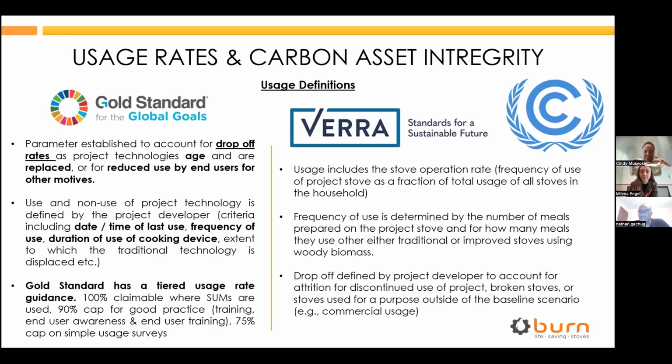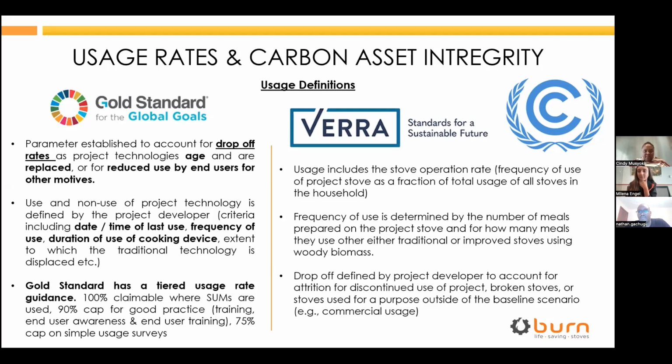And here there's a specific emphasis on continued use of project stoves, displacement activities that promote the displacement of baseline stoves, and then, of course, real-time verification of what you're reporting as your usage rates, with verifiable evidence that VVBs or indeed the Gold Standard themselves will have to look at.